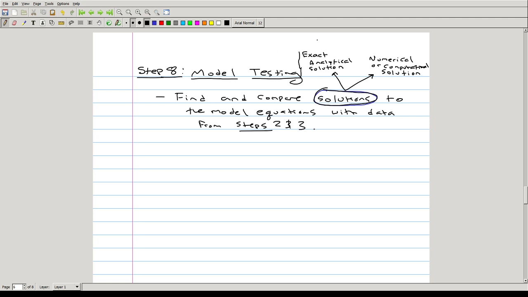And the numerical or computational solution is typically thought of as an approximation to the exact analytical solution.